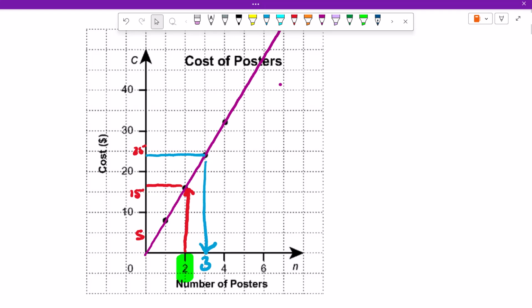I can go up here and read the value of 5 posters. So the question is, can I just pick any spot to go up and read values? So that line is saying that every single one of these spots exists. Right? For any dollar amount, there's a certain amount of posters I can buy. Right? So this one's kind of a tricky one for grade 8 and grade 9 and grade 10 to always comprehend.